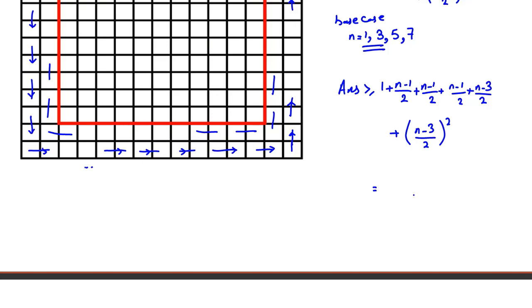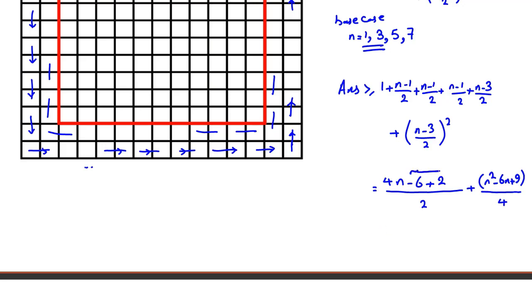If we use common denominator 2 here, n, n, n, n, we have 4n. Minus 1, minus 1, minus 1, minus 3, minus 3, minus 6. Plus 2, plus (n minus 3) whole squared, which is n squared minus 6n plus 9, all over 4.